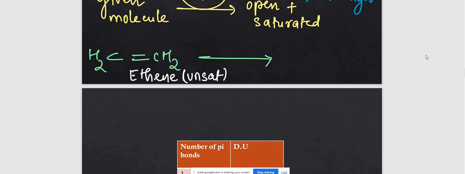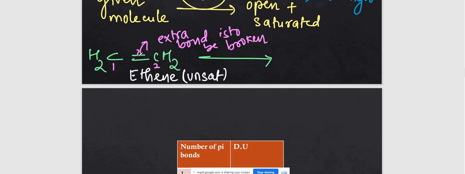We consider hydrogenation. Now, if I take the first carbon and second carbon, their 3 bonds are done and fourth bond is an extra bond. I'll just break this extra bond. Now if I break that extra bond, Raksha, what happens?